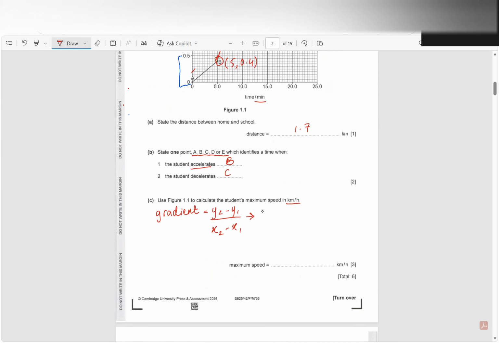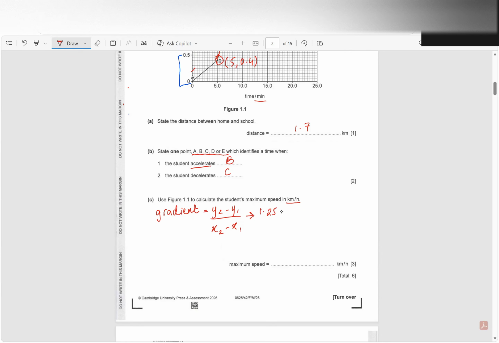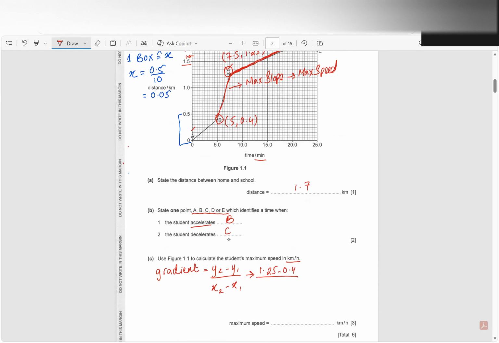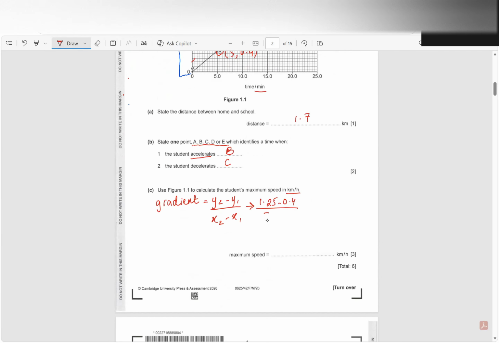Let's put in the values: 1.25 minus 0.4 divided by 7.5 minus 5. This gives us a value of 0.34 kilometers per minute. So till here, we are doing it fine.